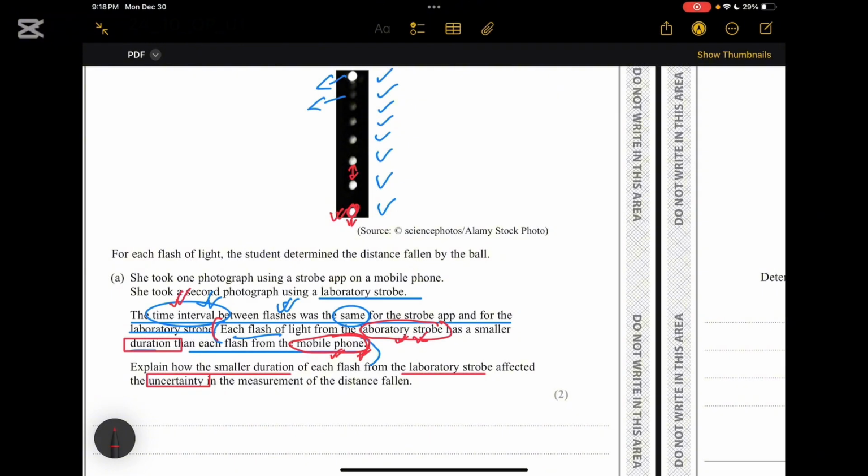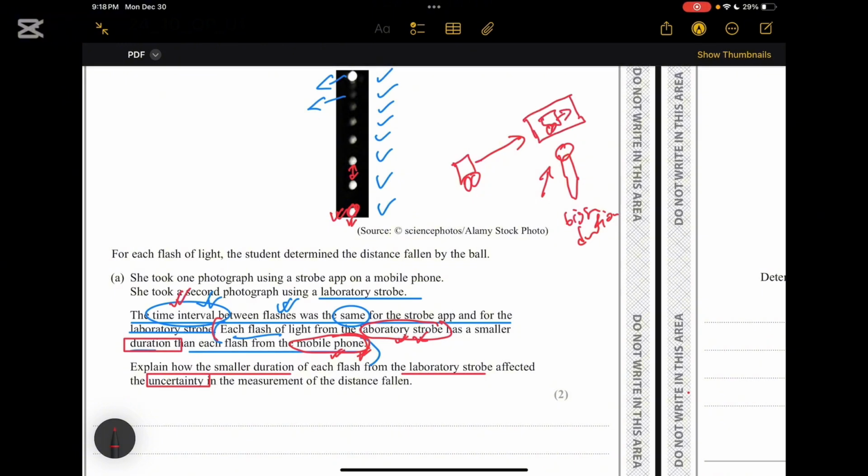So let's say if the duration is small, what will happen? Let's say an object is moving right from here, and I am providing a light from this position. If this light has a bigger duration, then I will be able to capture the whole motion of the car going from this position, right?